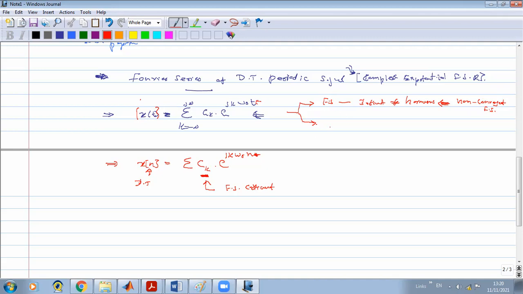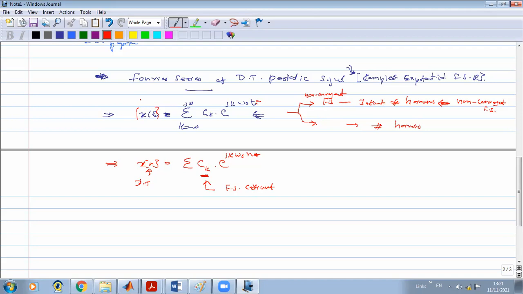In some Fourier series we have a finite number of coefficients. So that one is the non-convergent Fourier series, and in other Fourier series we have a finite number of harmonics, which we can simply count. What do we call that Fourier series?